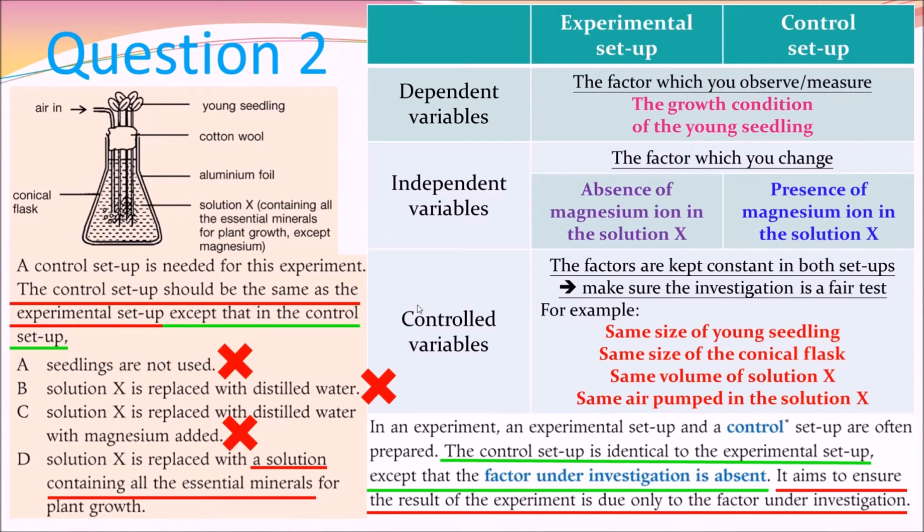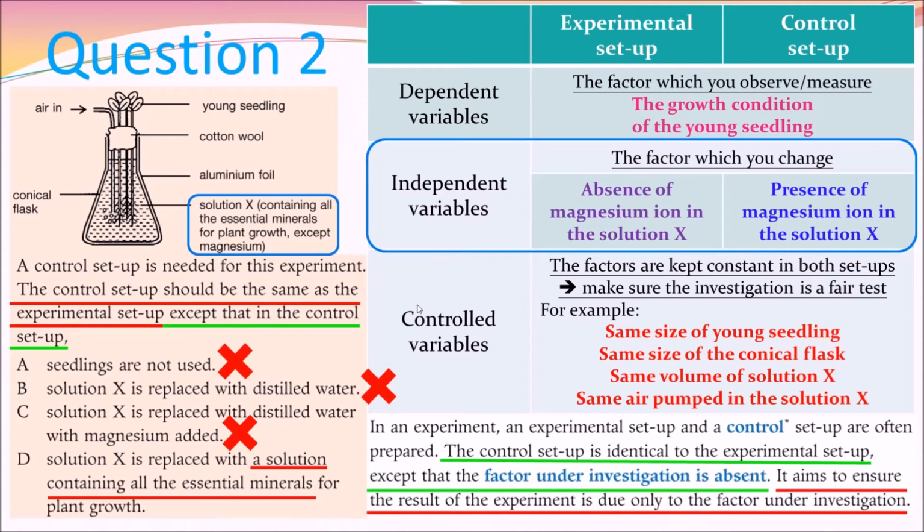And then for D, solution X is replaced with the solution containing all essential minerals for plant growth. It's just the case in our table. For the experimental setup, we use the solution X containing all minerals except magnesium.